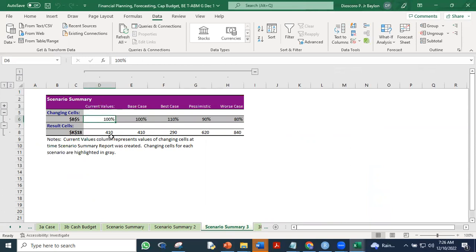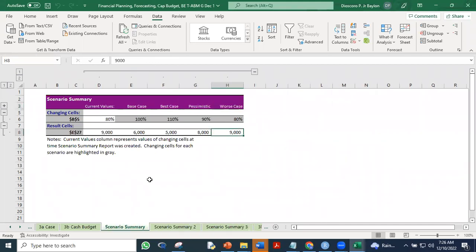It now reflects current value. So what does it tell us? The total interest expense in the case of a base case scenario will be just 410. The worst case, which is the revenues will be only 80% of the expected sales, will be 840. So it gives us a plot of what will happen to interest expense when you have the base case, best case, pessimistic, and worst case scenario.